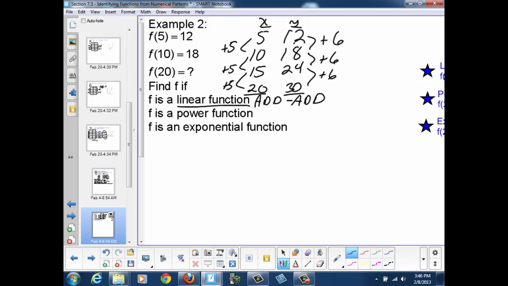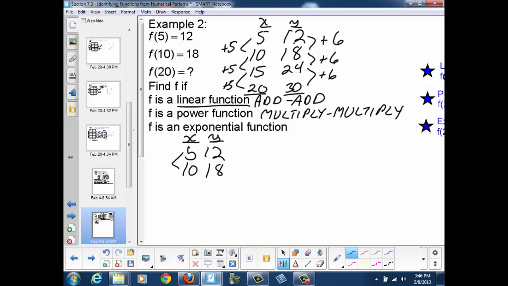Let's take a look at if f is a power function. Well, in that case, my two points, 5, 12, and 10, 18, need to fall within a multiply-multiply pattern. So I ask myself, what did I have to multiply 5 by to get to my next value, 10? That was times 2. What do I need to multiply 12 by to get to my value, 18?